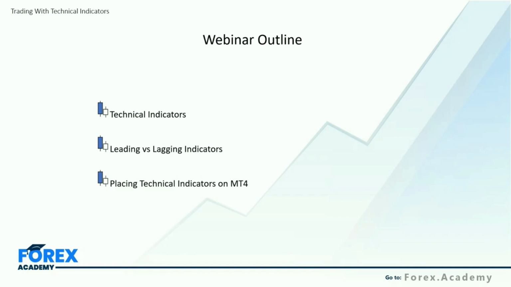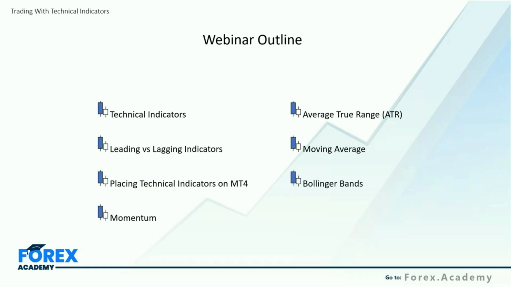That will take the basis of moving averages, Bollinger Bands, and we'll be looking at the stochastic oscillator indeed. We'll be looking at defining momentum, average true range as an indicator, those moving averages both over different periods, Bollinger Bands themselves as a standard deviation from the mean, and then we'll be finishing off with a technical acknowledgement.